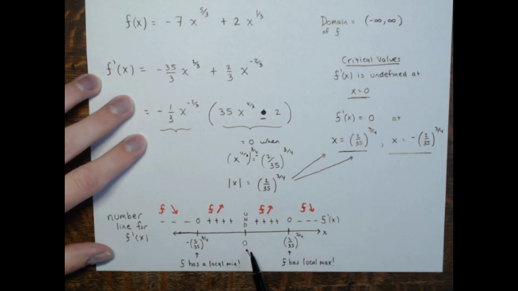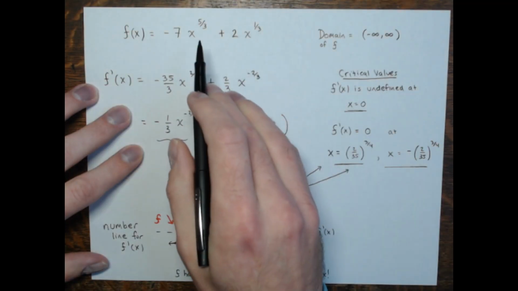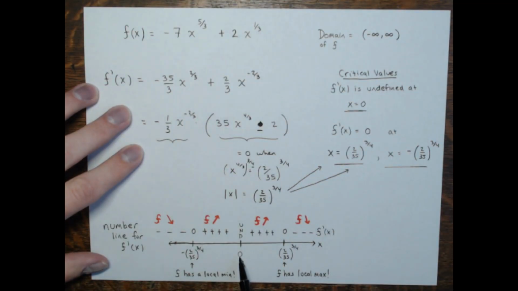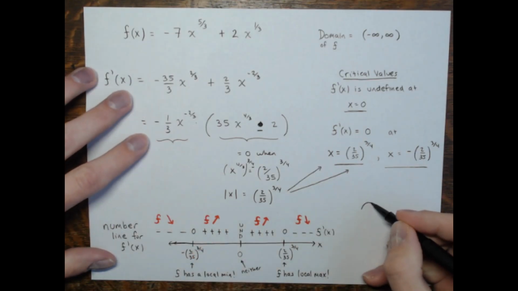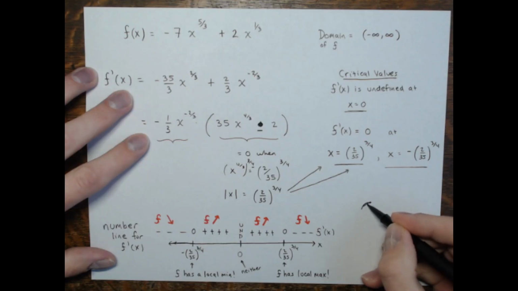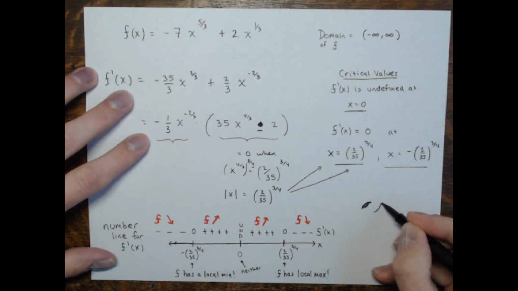And then at 0, now again, 0 is in the domain of my original function, so I should check it. Now you see how to the left increasing, to the right still increasing. Positive derivatives on both sides. So this is neither. So at 0, you're going to see one of those where it's increasing. Maybe it's doing this.